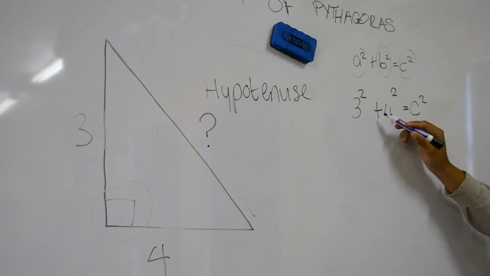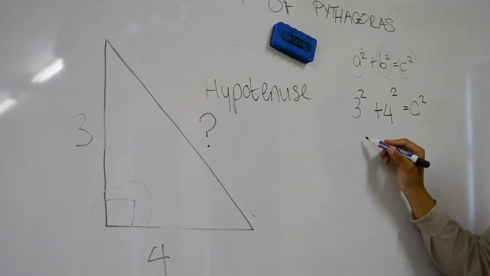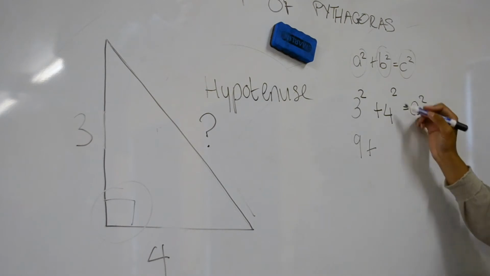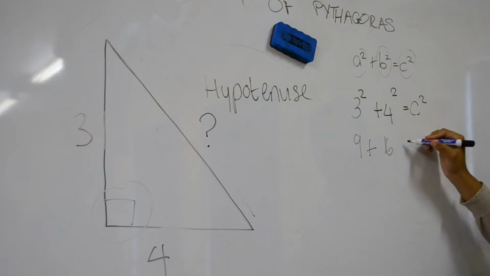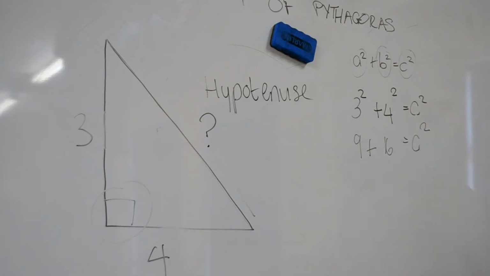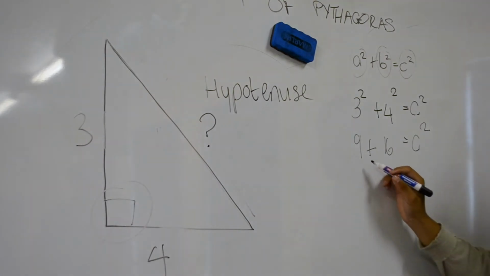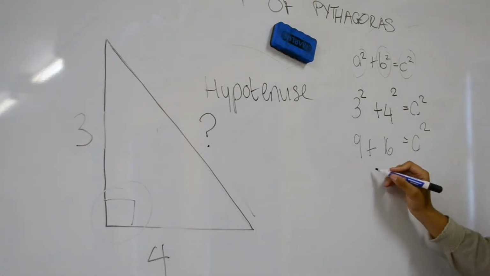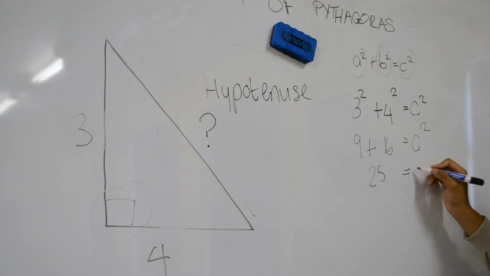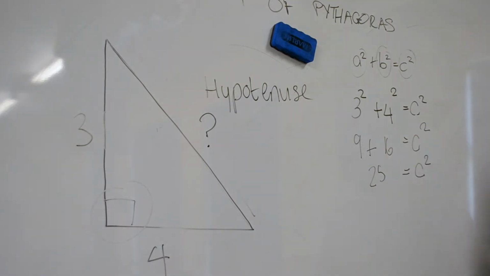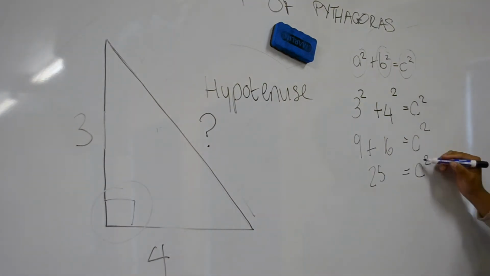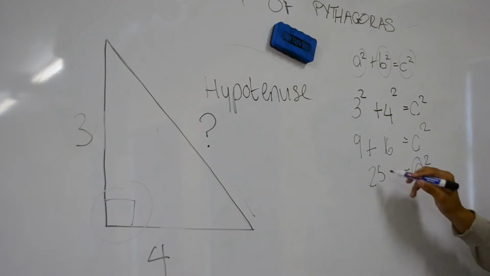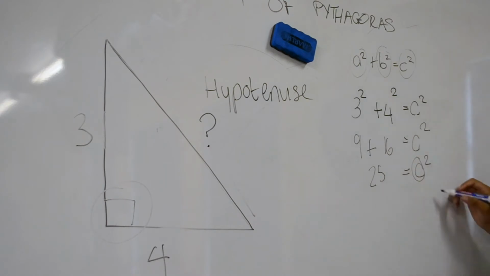Okay, and we know that 3 squared is 9, 4 squared is 16, and we are trying to find out what c is. Then we'll say 9 plus 16 is 25, and that is equal to c squared. Now remember, we are trying to find c and not c squared, so we need to square root both sides so that we are left with just c.